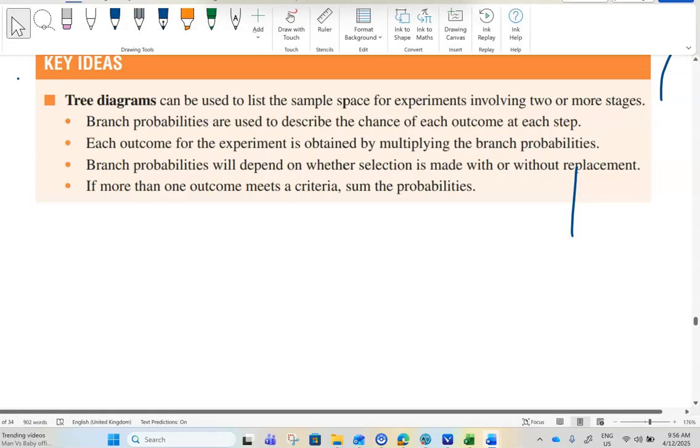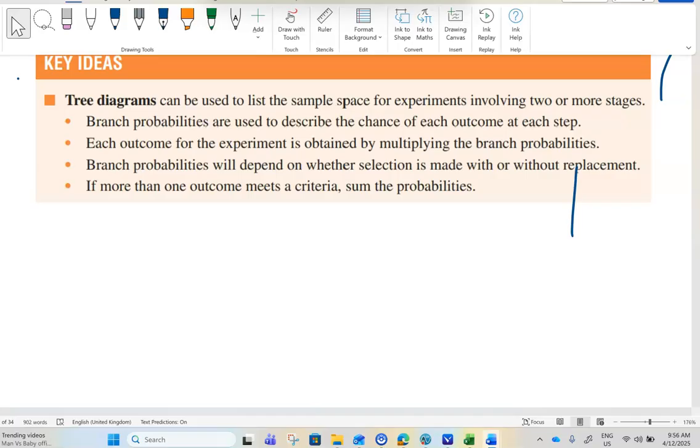A tree diagram can be used to list the sample space of experiments involving two stages. So we might select, say, 2 cards from a deck of cards, and work out the probability that we draw an ace the first time, then we put all the cards back together and draw another card, and maybe we look at the probability that we get 2 aces in a row.